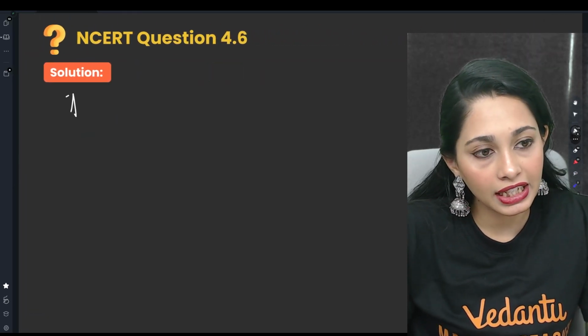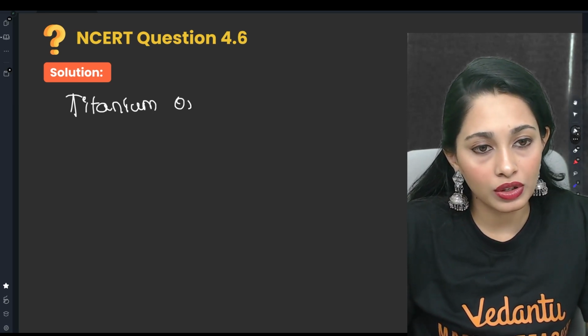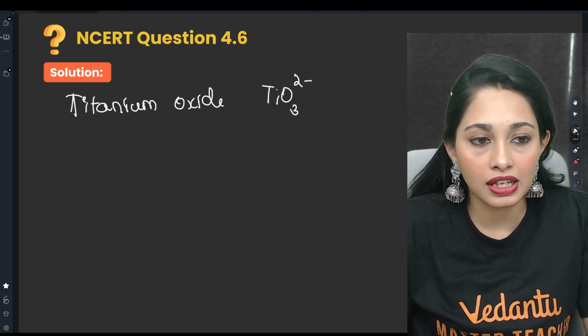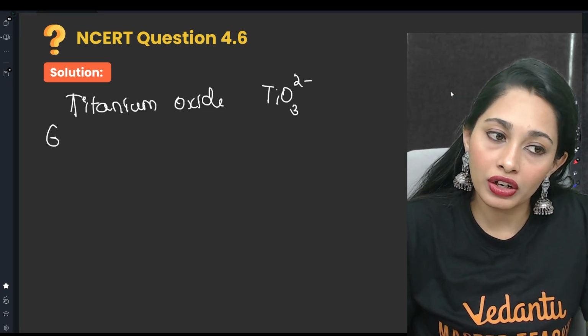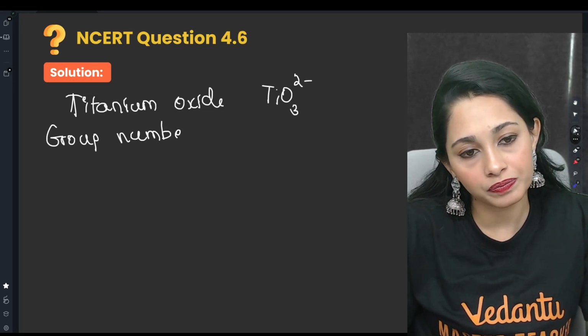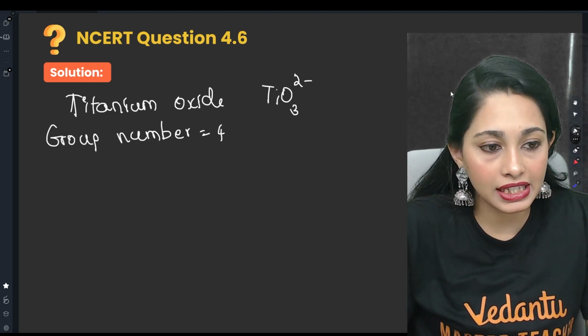First one is titanium. Titanium oxide. What is the formula here? TiO3 2 minus. If we calculate the oxidation state of titanium here, we already know the group number. Group number is 4, so oxidation state should also be 4. Let's see that.